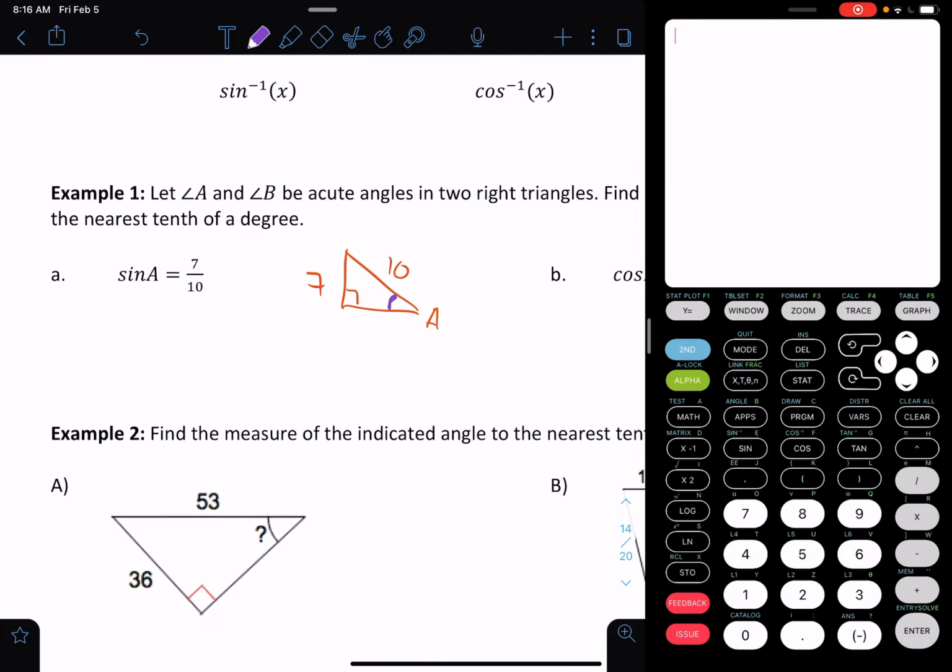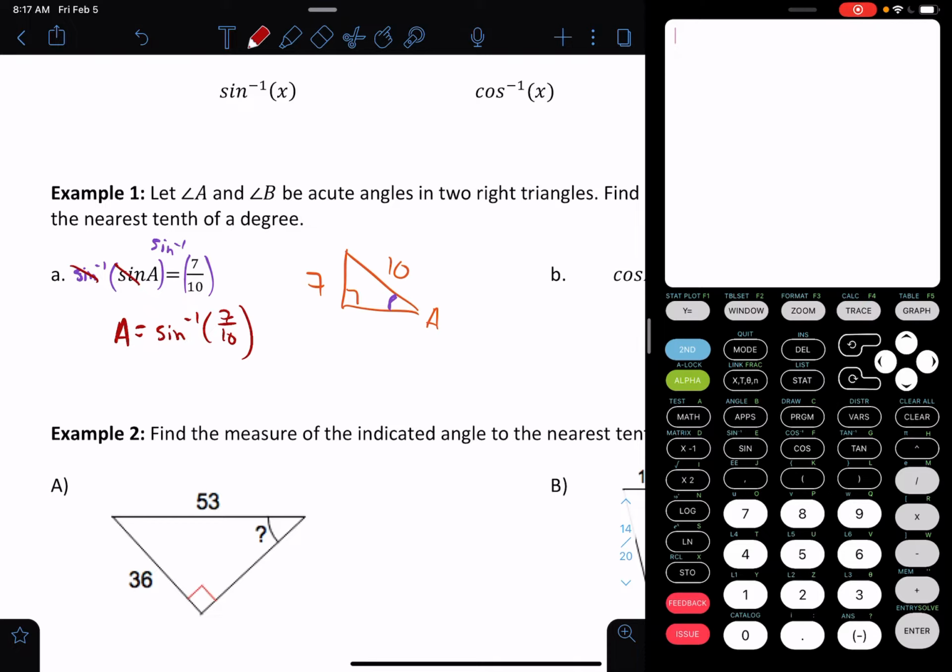So what I'm going to do is apply sine inverse to both sides. And what's going to happen is that the sine inverse and the sine are going to cancel each other out. So A will equal sine inverse of 7/10.